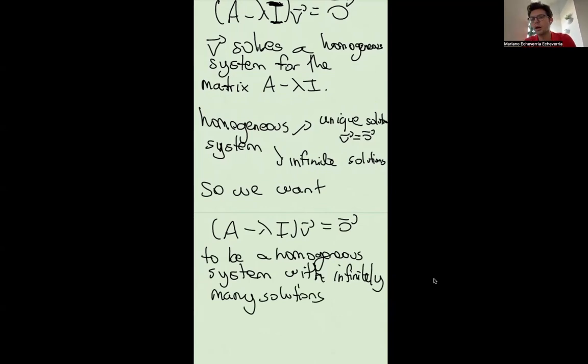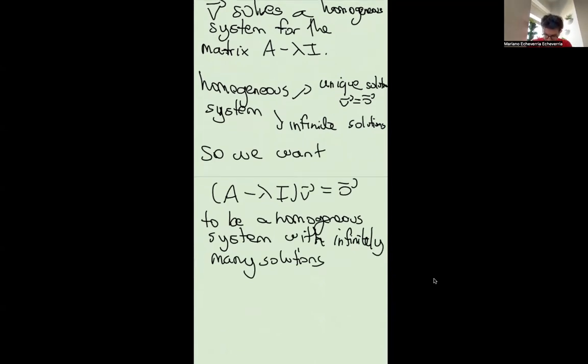So that requires the determinant of that matrix to be 0. Because if the determinant is not 0, the matrix is invertible, and once the matrix is invertible, the homogeneous system only has a trivial solution.